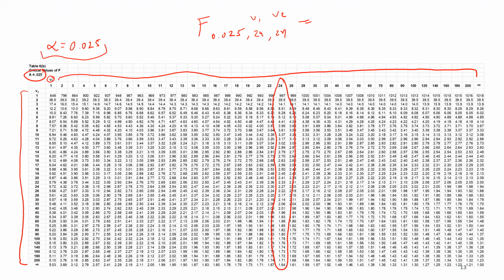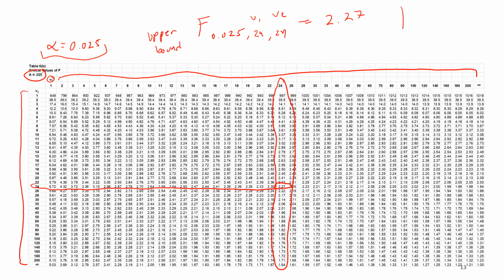And then we also have the row of 24. Where it intersects is 2.27. Let me just double check the math. All right, so what we found right now, this is our upper bound.